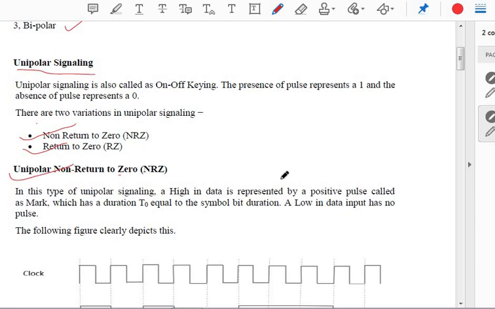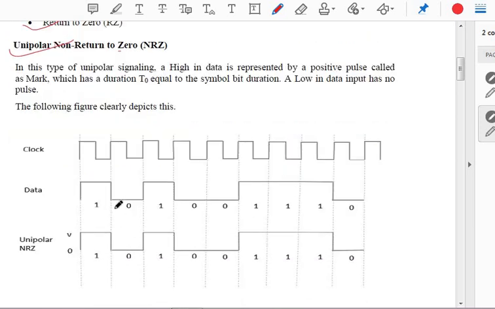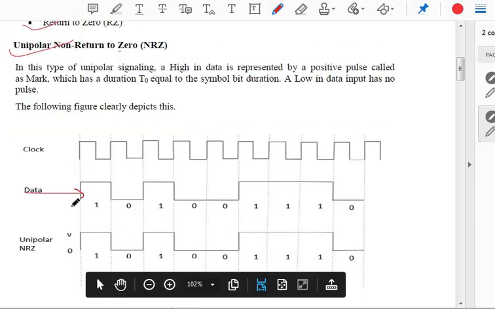In unipolar non-return to 0 coding, the digital data 1 is represented as high voltage for the complete duration. This is the bit duration TB.